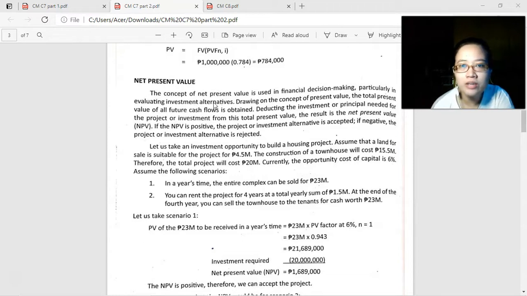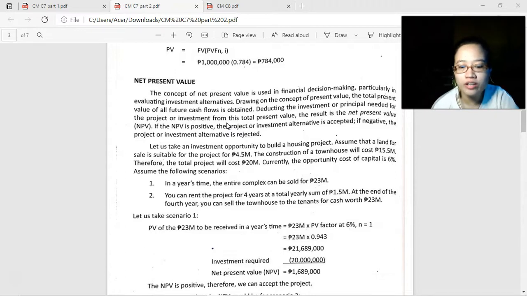Okay? The concept of net present value is used in financial decision making, particularly in evaluating investment alternatives. Drawing on the concept of present value, the total present value of all future cash flows is obtained. Deducting the investment or principal needed for the project or investment from this total present value, the result is called net present value. Okay?